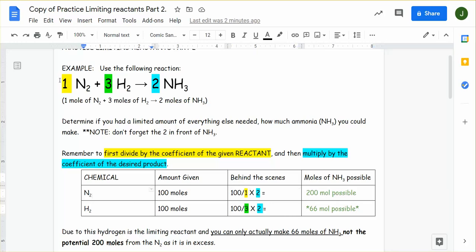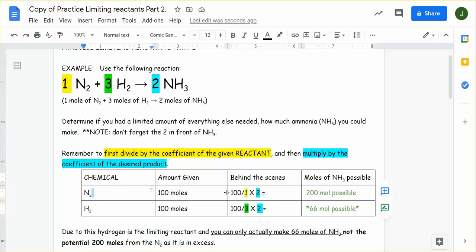Since we're dealing with nitrogen, that's where we get our 1, and we're converting it into ammonium, that's where we get our 2. It's a 1:2 ratio for ammonium from nitrogen.